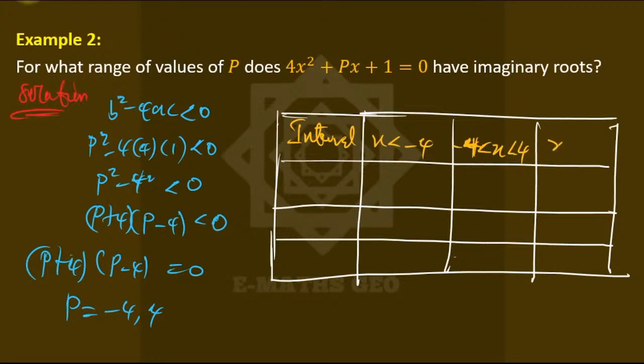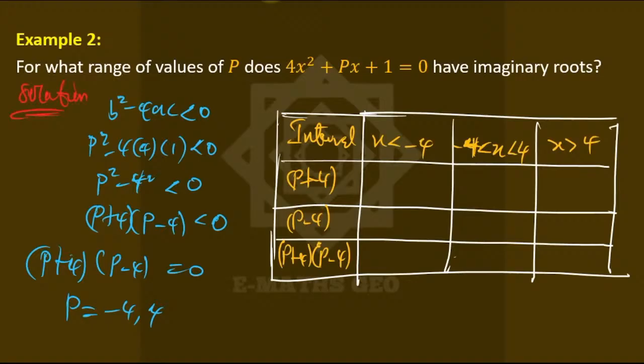And finally, when it's greater than 4, that's the possible interval too. So the first one is p plus 4. Second one is p minus 4. The last one is now their product. That's the determinant, what determines the answer.